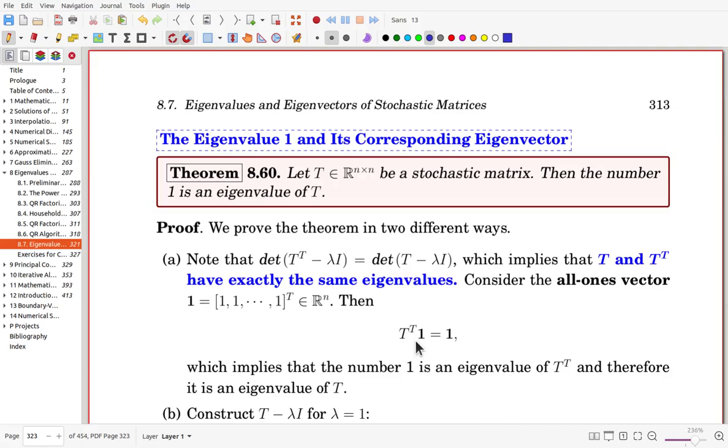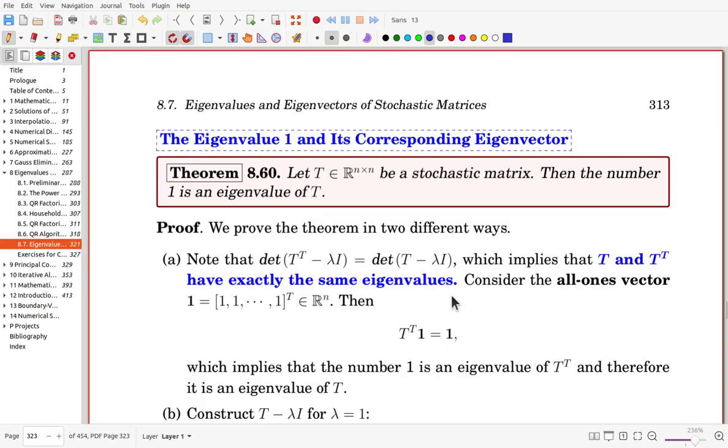Now, we'll try to see that the number 1 is an eigenvalue of a stochastic matrix. T is a stochastic matrix. Then the number 1 is an eigenvalue of T. So for every stochastic matrix, the number 1 is an eigenvalue.